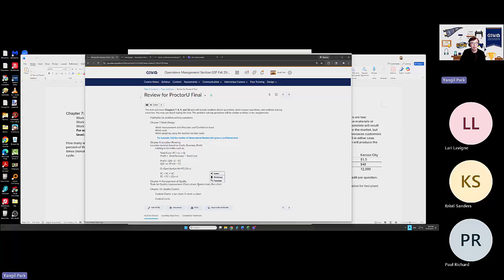Chapter 10 is about quality control. It's a continuation from chapter 9. It's a simple way of putting quality data into worksheets, but here there are other types of charts. We're going to work on X bar and R charts. The X bar chart shows the sample means, and the R chart shows the range, meaning the difference between maximum and minimum values.